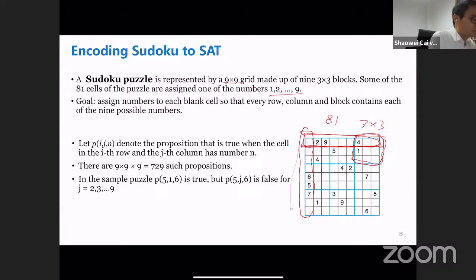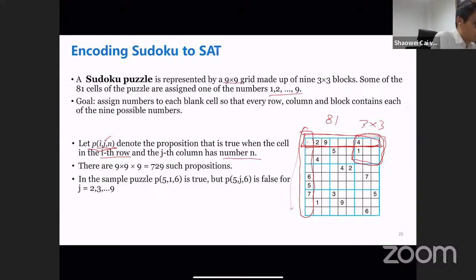Then to encode this problem to SAT, we first need to introduce the variables. We need a variable with 3 indexes, p with i, j, n. It means the ith row and the jth column is filled with number n.